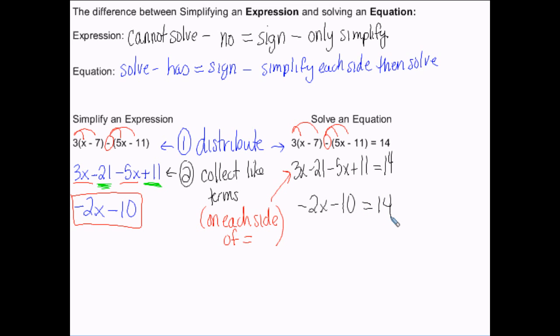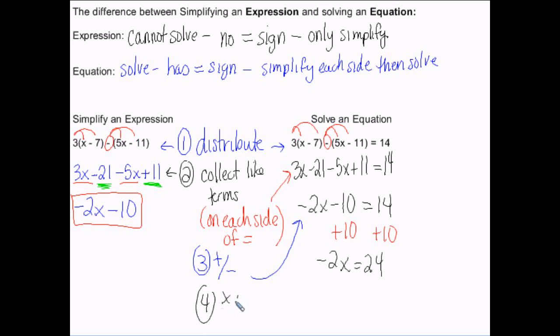Okay, the right side of the equation only had 1 term, so there's nothing to collect. Then I'm going to add or subtract. This is only for the equation. Negative 10, so I'm going to add. Let's do the opposite of what's there. Then my final step is going to be the multiply or divide.